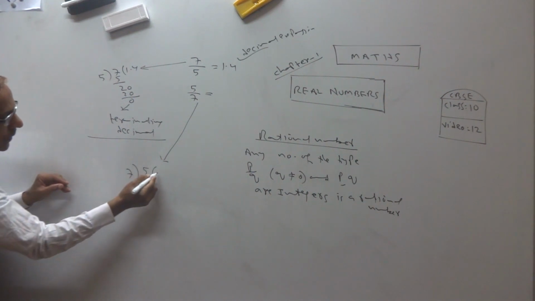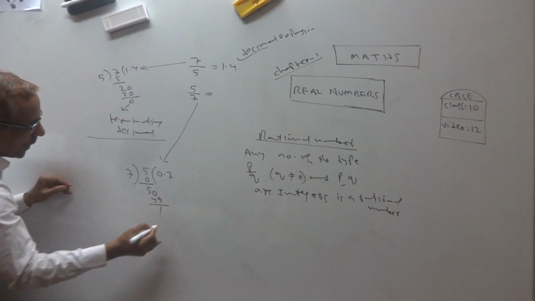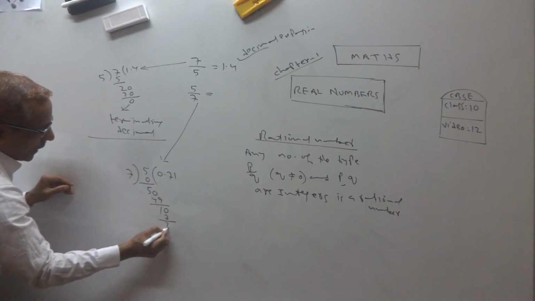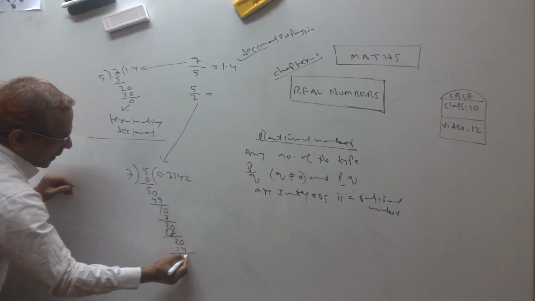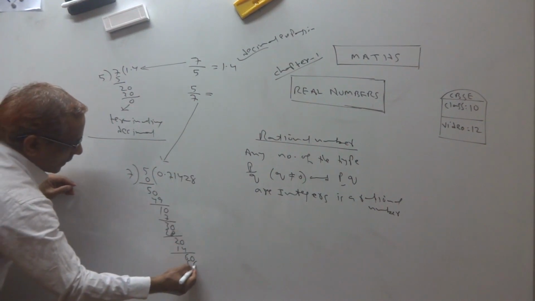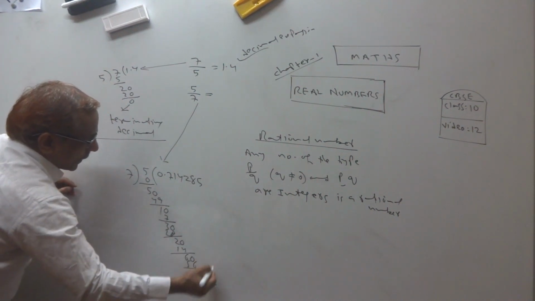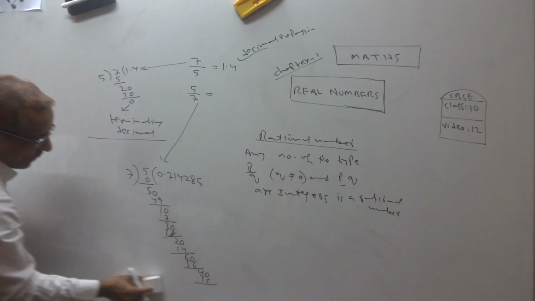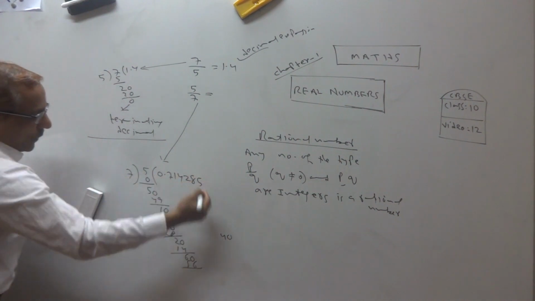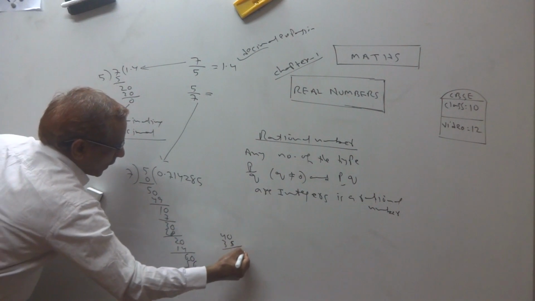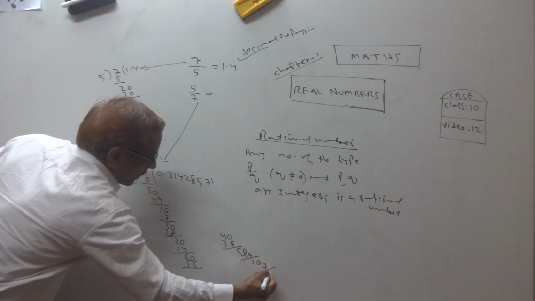5 divided by 7. 7 zeros are 0, 5 left, decimal, 0, 7 sevens are 49, 1 left, 0, 7 ones are 7, 3 left, 0, 7 fours are 28, 2 left, 0, 7 twos are 14, 6 left, 0, 7 eights are 56, 4 left, 0, 7 fives are 35, 5 left, 0, 7 sevens are 49, 1 left, 0, 7 ones are 7, 3 left, 0.